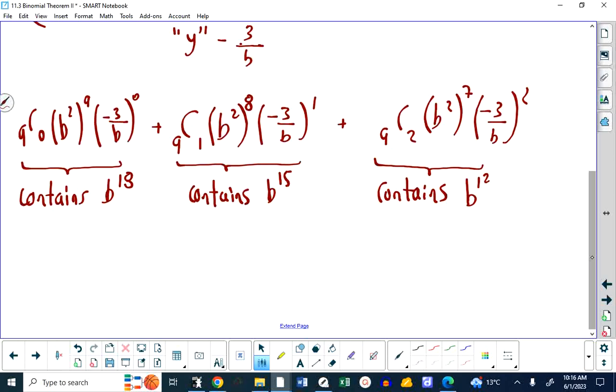If you can just look at it and know that the exponent is going to start off at 18 and drop by 3 each time, that requires a level of explanation that you have to put on paper. But see, now what I have is this.